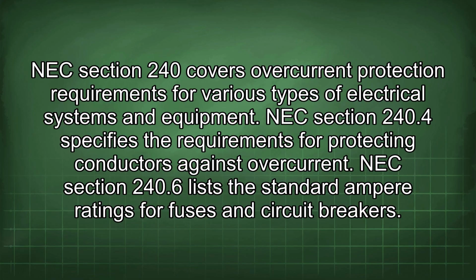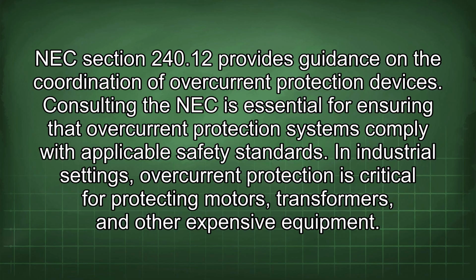NEC Section 240.6 lists the standard ampere ratings for fuses and circuit breakers. NEC Section 240.12 provides guidance on the coordination of overcurrent protection devices. Consulting the NEC is essential for ensuring that overcurrent protection systems comply with applicable safety standards.